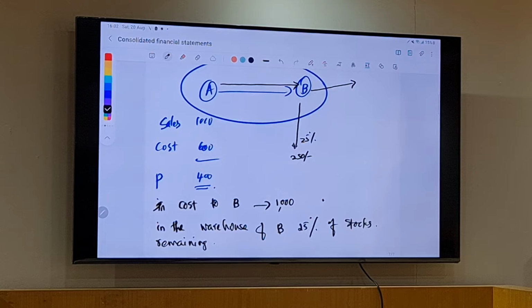Now go back to IAS 2. Inventory should be valued at cost or NRV, whichever is lower. Cost to the group, how much? Total, now we are having how much? 150. Understood?